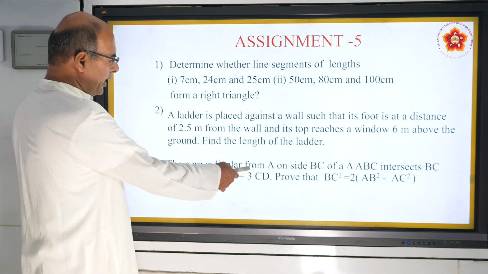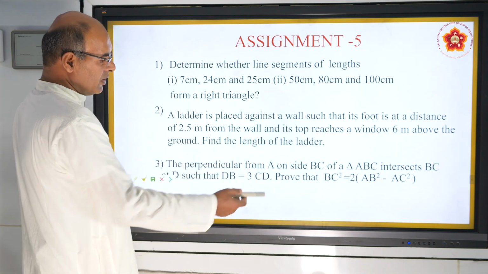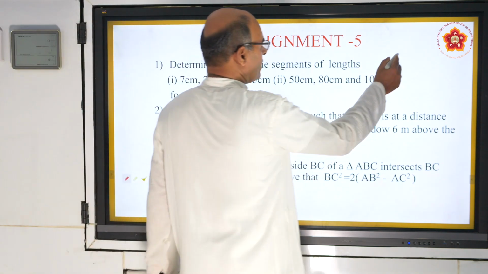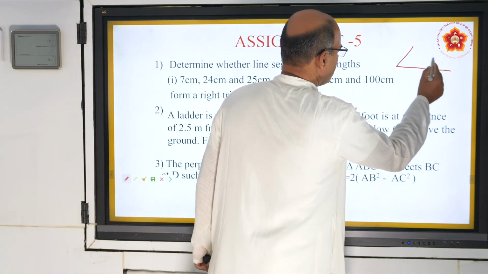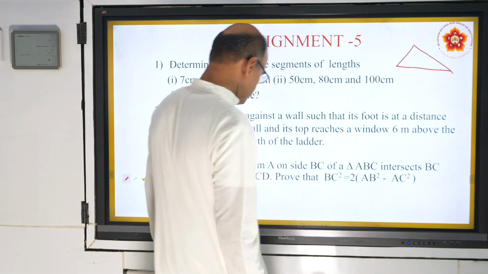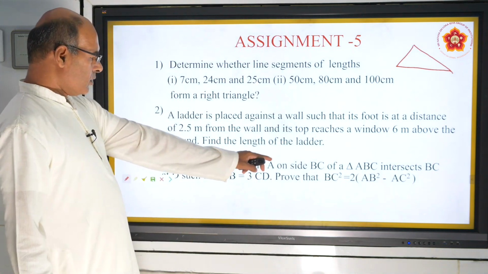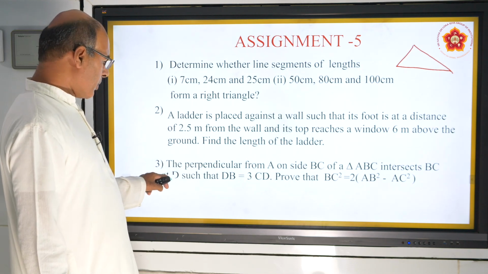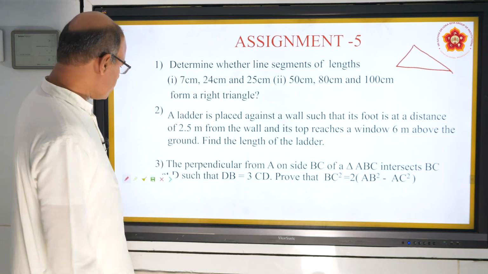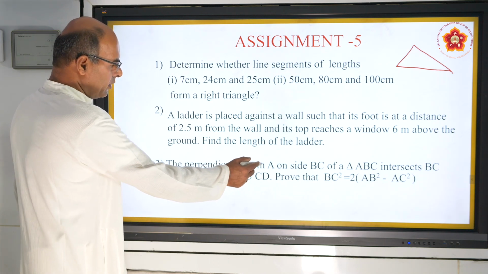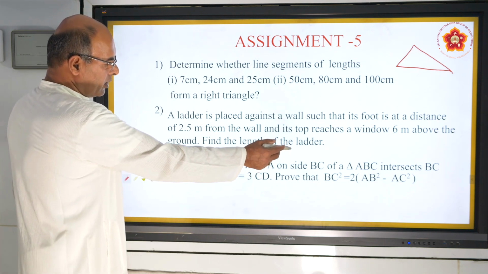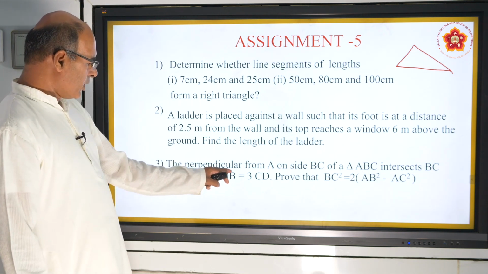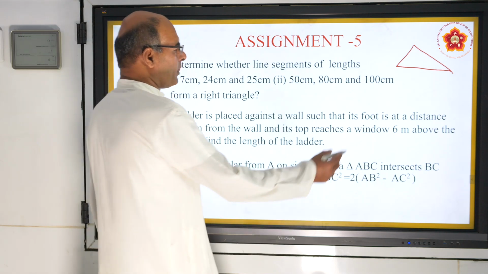The perpendicular from A on side BC of triangle ABC. We don't know whether triangle ABC is a right angle triangle or not. Any one triangle, let it be triangle ABC. Draw a perpendicular AD on BC, such that DB is equal to 3CD.